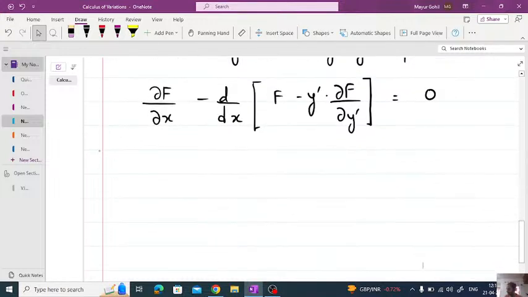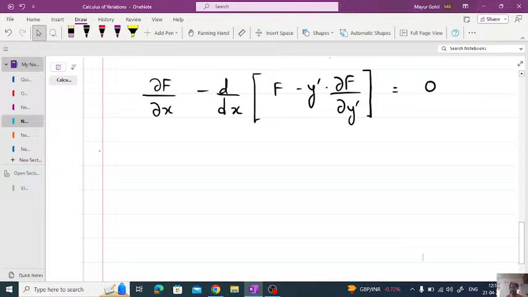There is another version here when, so here I'll write the C version, when f is of the form f of y comma y dash.